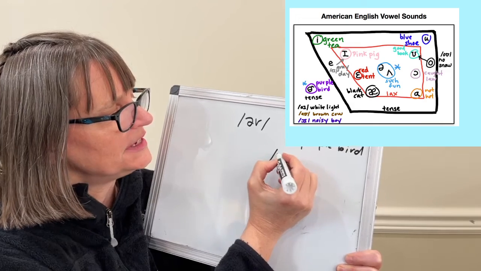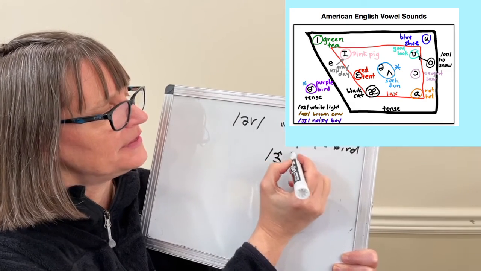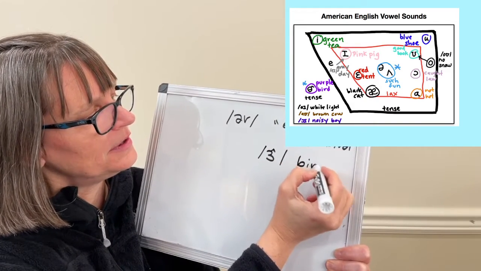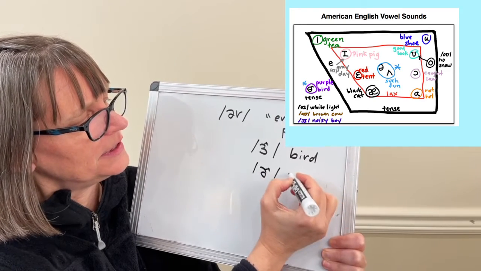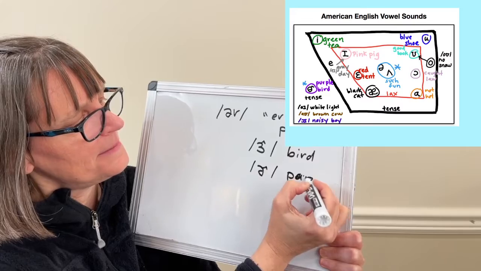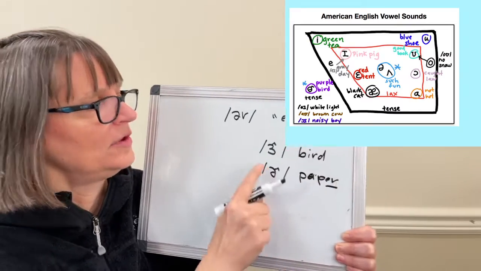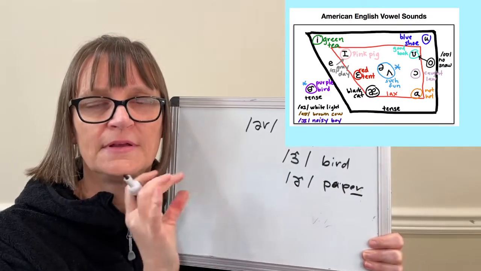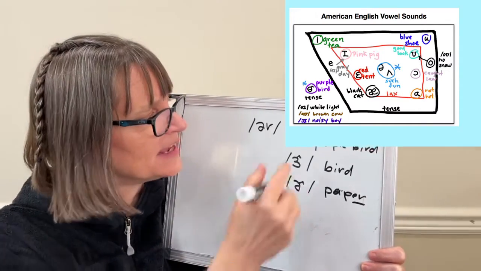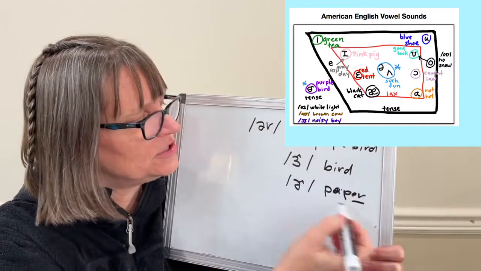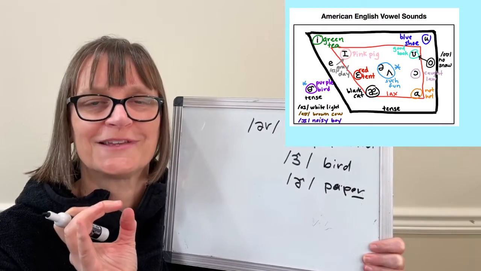You will also see the stressed one written this way. That's the ur from bird. And the unstressed written this way. That's the er in paper. Again, the only difference is if I'm saying bird, it's going to be stressed, a little bit longer. Paper, it's the exact same sound. It's just going to be a little bit shorter and unstressed.